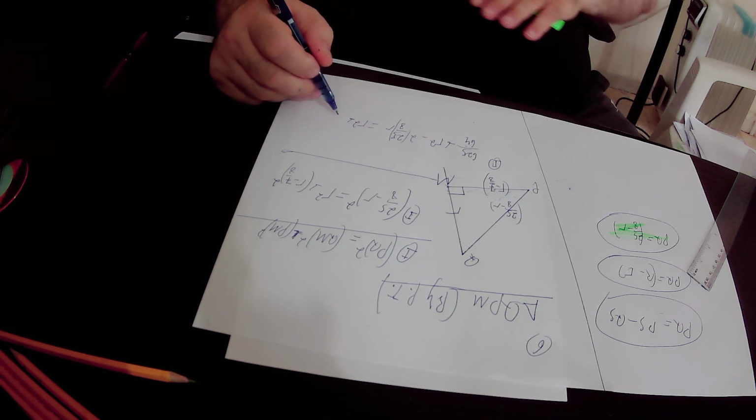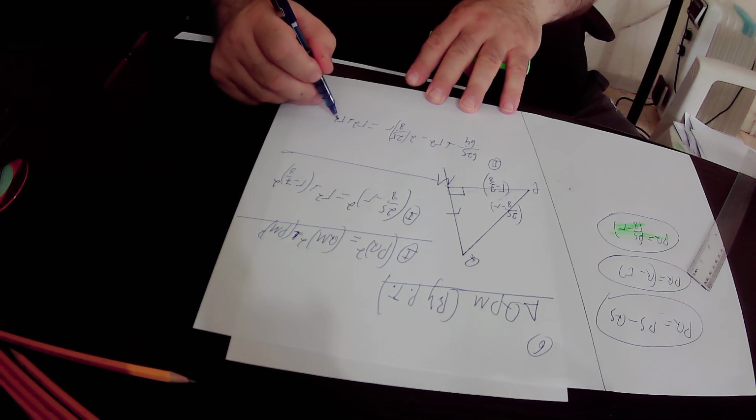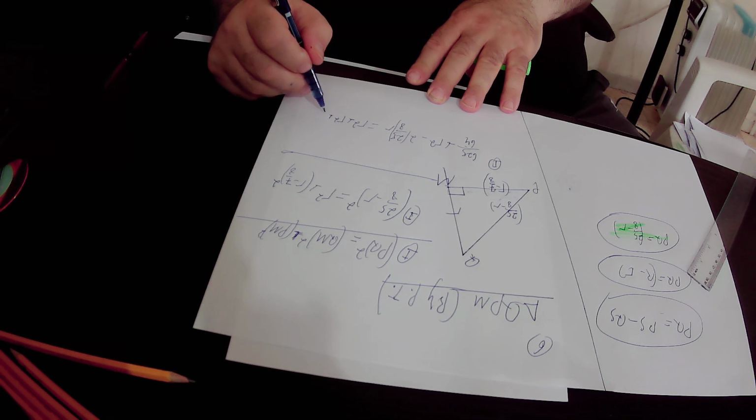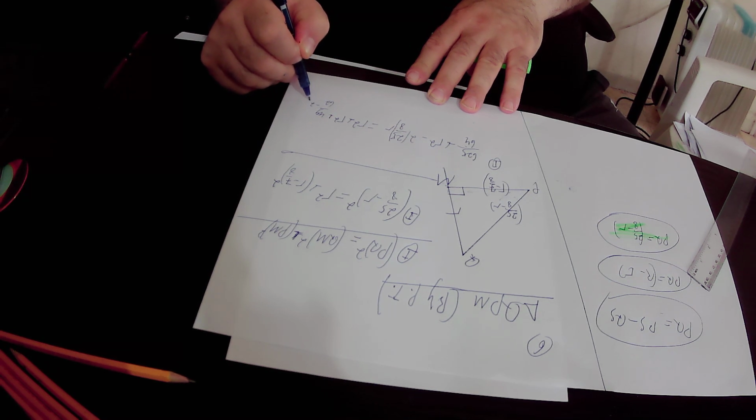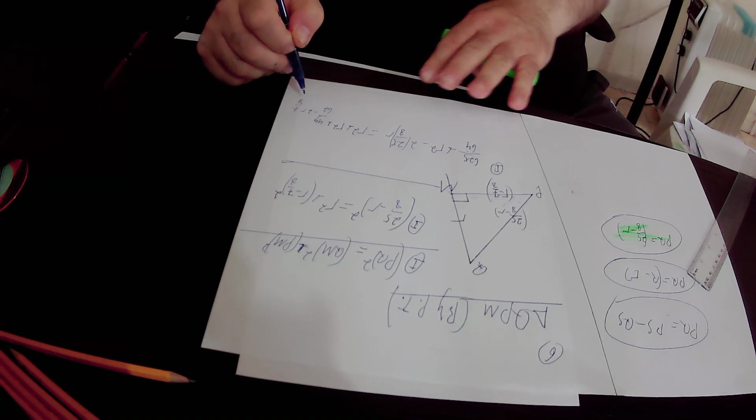It is equal to r squared plus 7/8 squared, which is 49 over 64, minus 2 times r times 7/8. Okay.